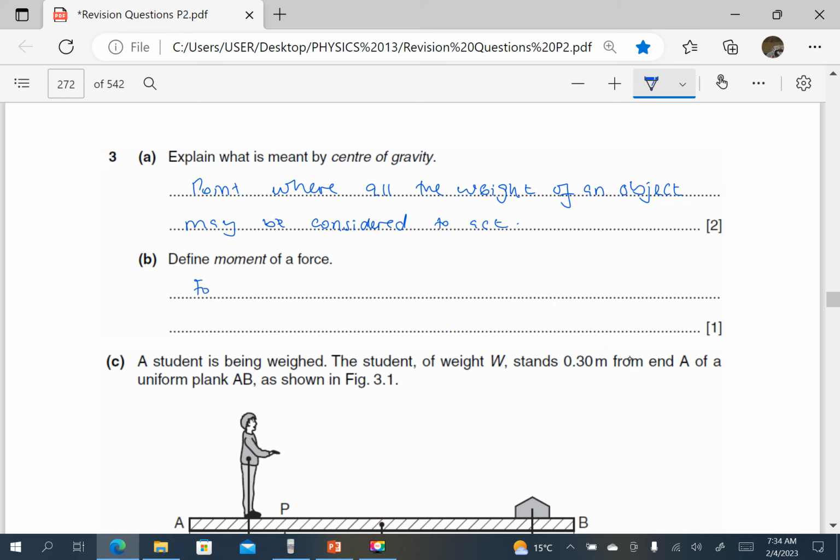So this is force times perpendicular distance, this is C, perpendicular distance of the line of action of the force to the pivot or from the pivot.